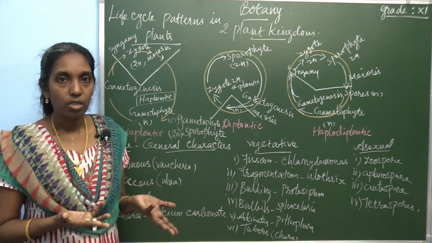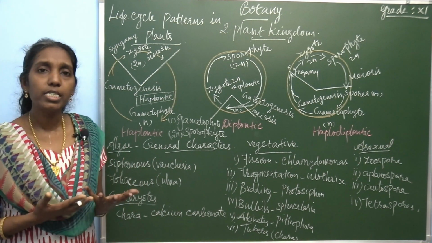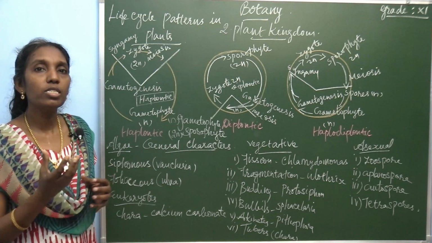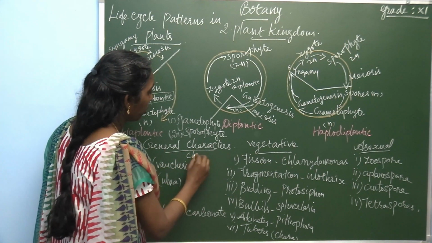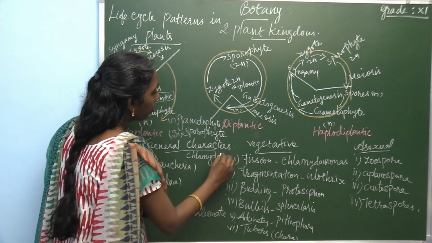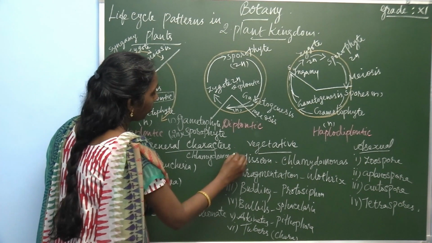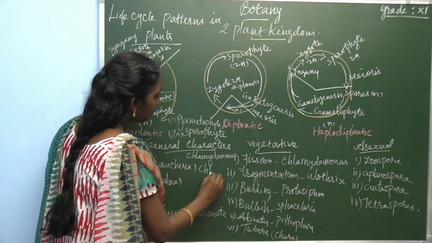So many types are there, and there are some examples. The unicellular motile alga example is Chlamydomonas, a very common example. And unicellular non-motile is Chlorella.